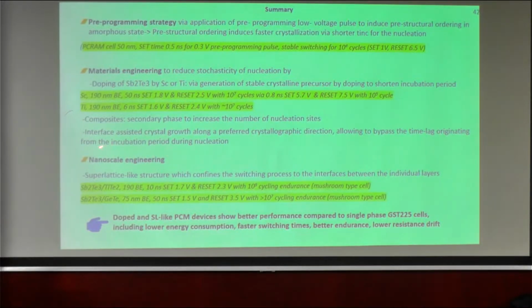Nanoscale engineering is based on the formation of superlattices, and I showed you two examples. One is based on antimony telluride and titanium tellurium 2, and it shows very nice cycling endurance and a short set time of 10 nanoseconds. This was a mushroom type cell.